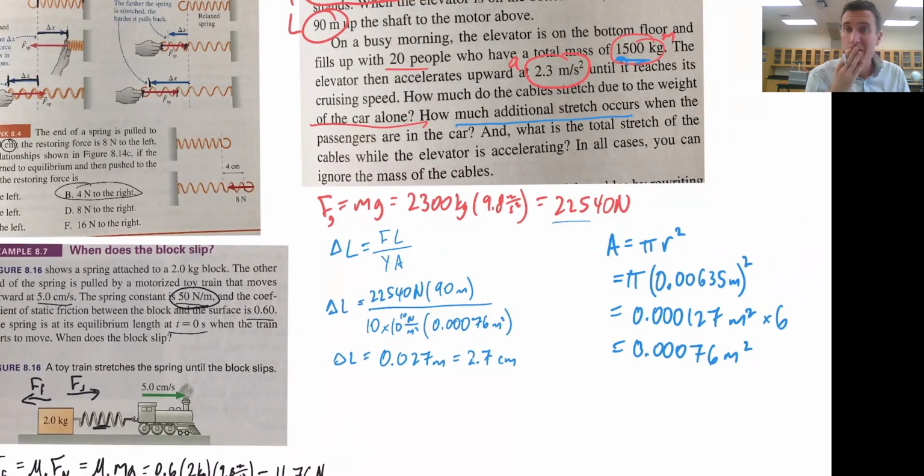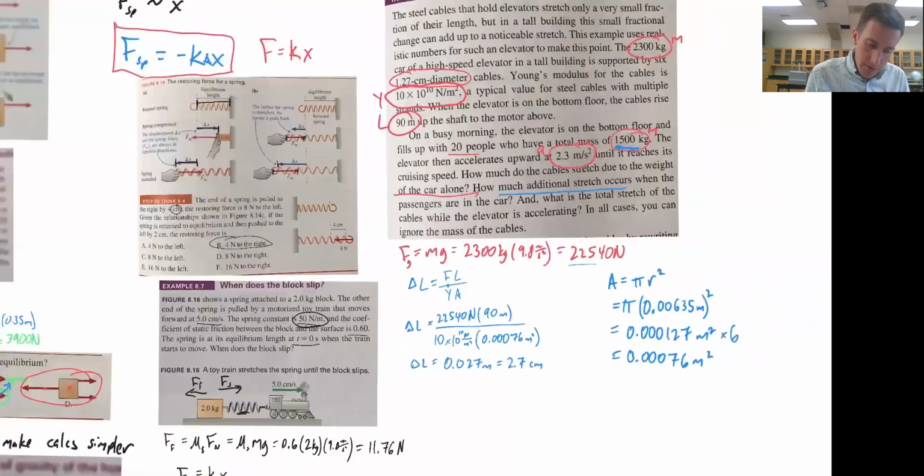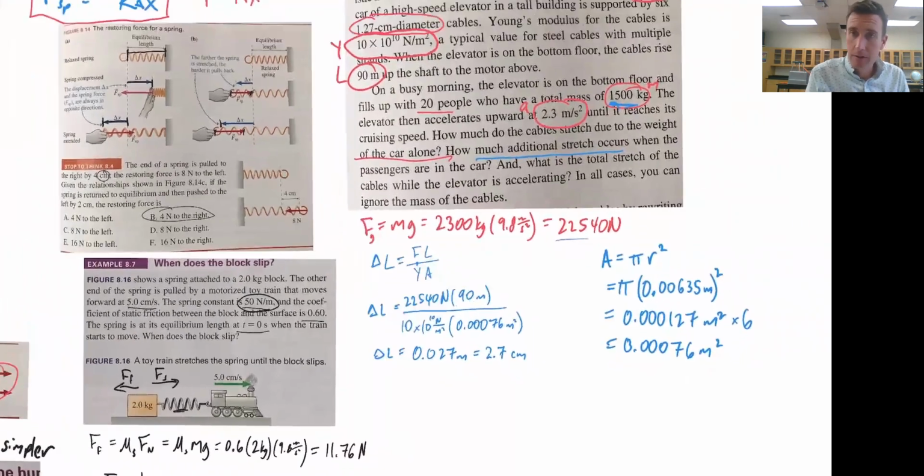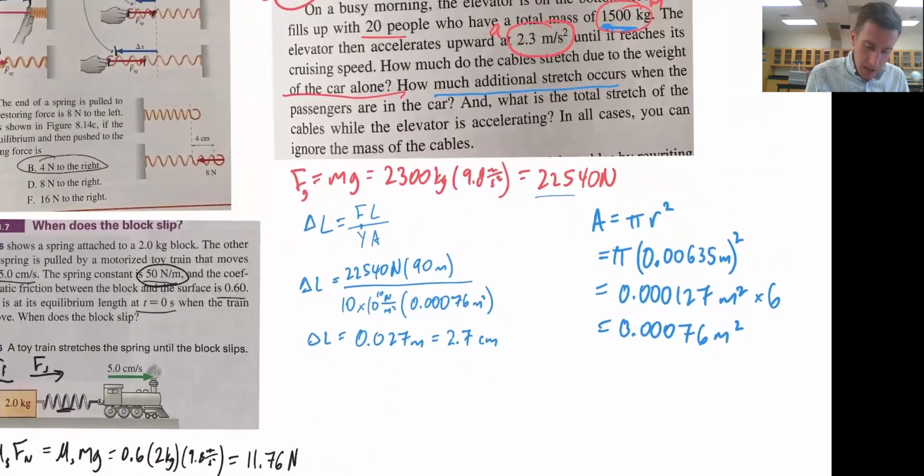So actually, I could just do, because I know that this is a change of the force, right? It's 1,500 instead of the 2,300. So I'm adding another 1,500, but it's asking for how much additional stretch. So if I just do 1,500 over 2,300, and then that's the ratio multiplied by 2.7 centimeters, that'll give me my additional stretch. That's how much difference I've got.